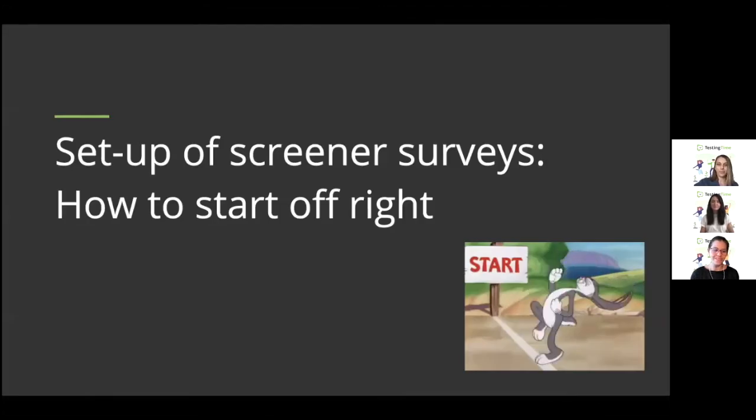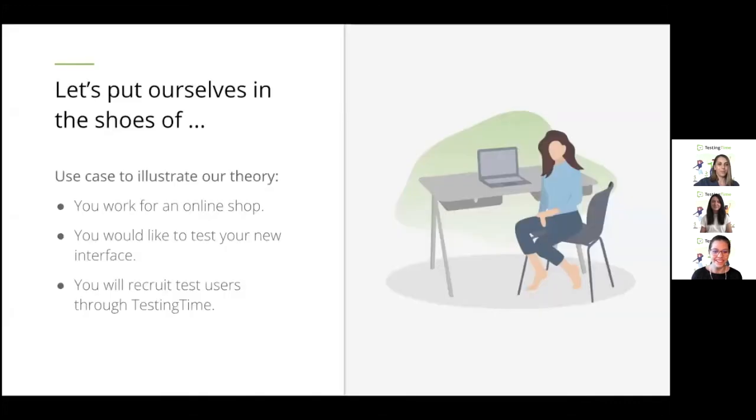Thanks, Ivana. Let's start. To illustrate the theory in the next few slides, imagine that you're working for an online shop and you'd like to test your new prototype for the grocery shopping interface. You thought about TestingTime and decided to recruit test users for a moderated user test through them.